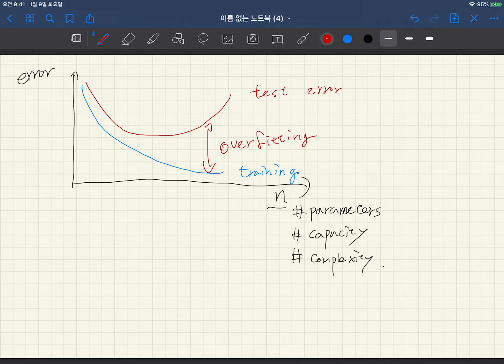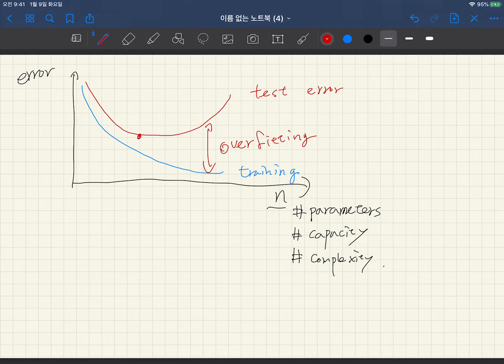And we don't want overfitting, so for machine learning, it is very important to find the proper n that minimizes the test error, where we usually have a very small gap between test error and training error. So this is the very basics of machine learning.